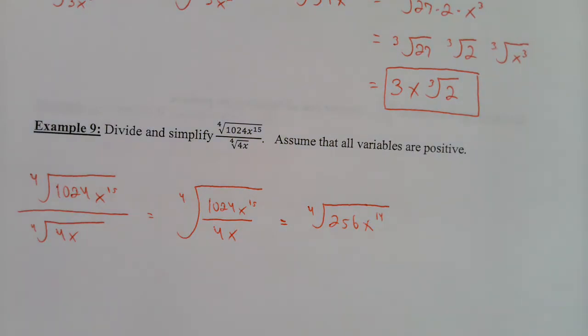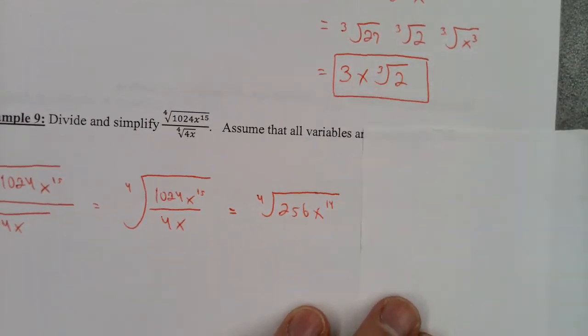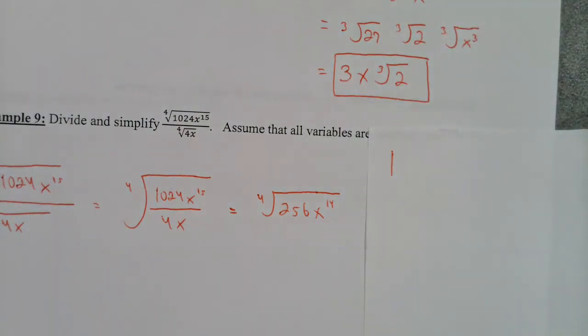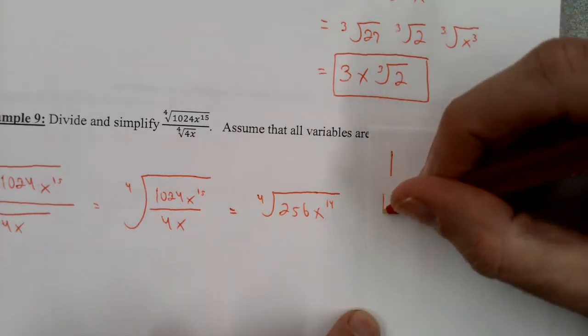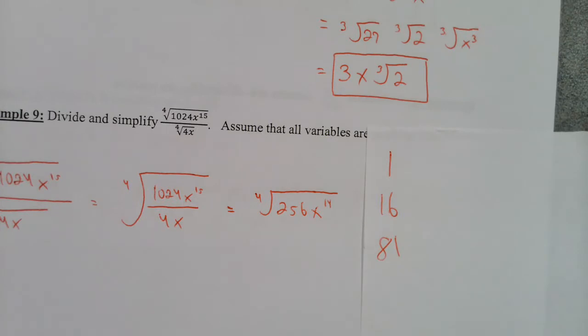Okay. Now this time, we're going to do fourth roots, because our index is 4. 1 times 1 times 1 times 1 is 1. 2 times 2 times 2 times 2 is 16. 3 times 3 times 3 times 3 is 81. 4 times 4 times 4 times 4 is 256.